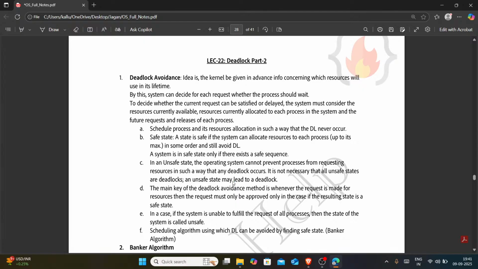Deadlock avoidance: schedule processes and their resource allocation in such a way that deadlock never occurs.